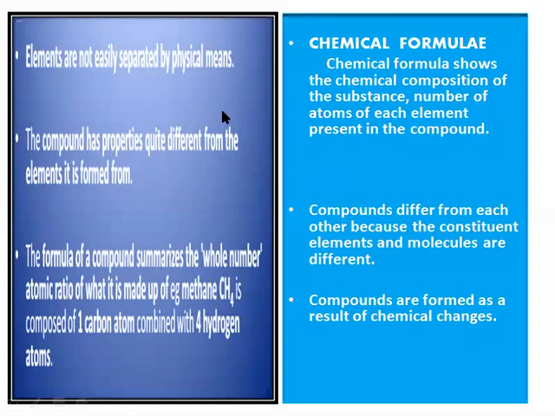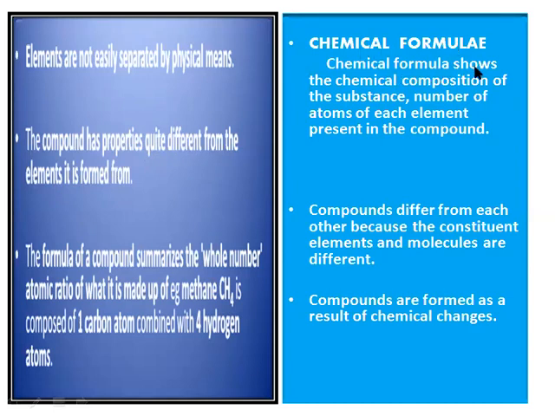The elements are not easily separated by physical means, and when they combine, they form the compound having properties quite different from the elements it is formed from. The systematic representation of compounds is chemical formulae.